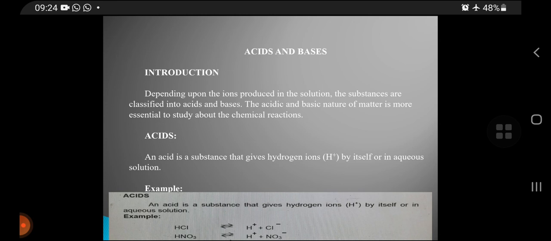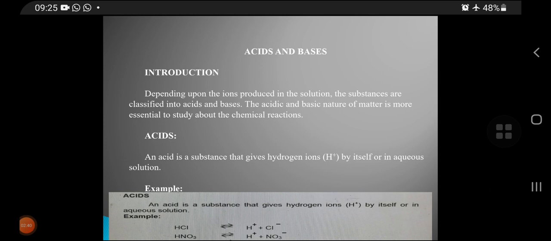So any substance that produces H plus ion, a positive ion, by itself or in aqueous solution. You can take any substance and transfer it into aqueous solution or water. If it produces a positive ion, that is called an acid.